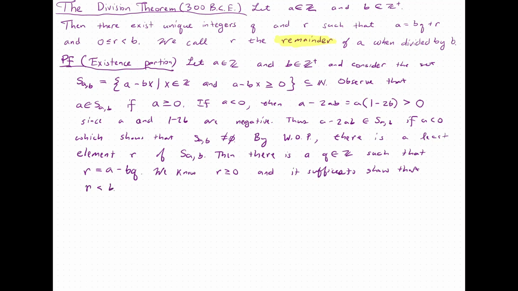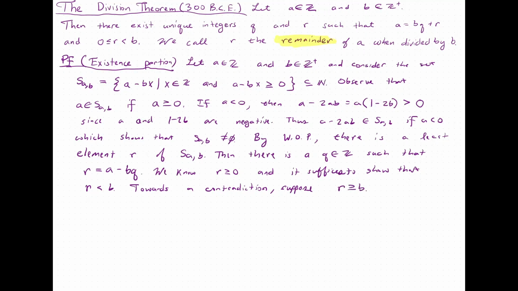So now we're going to do a contradiction. Towards a contradiction, suppose that r is greater than or equal to b.